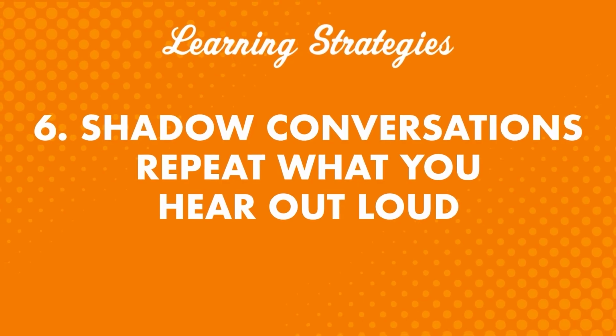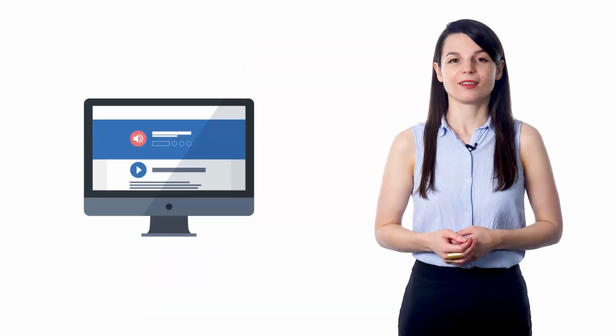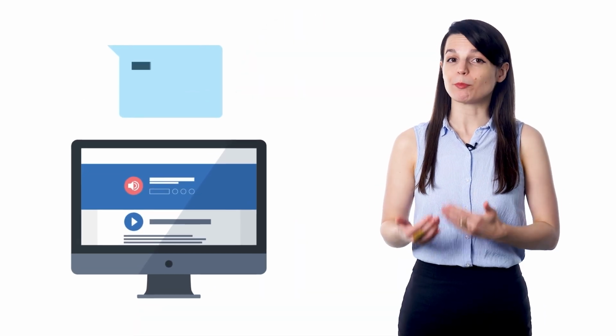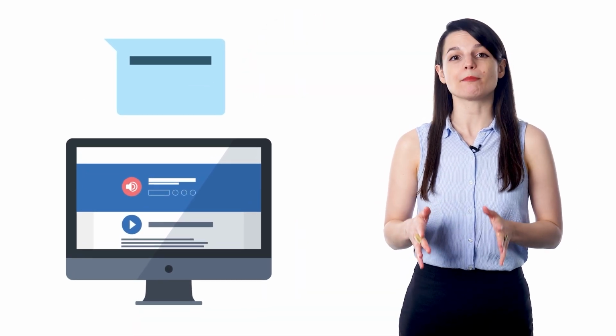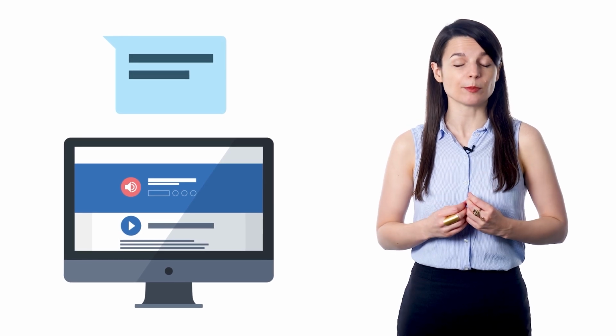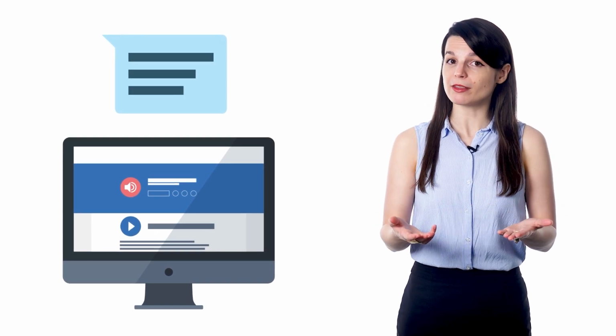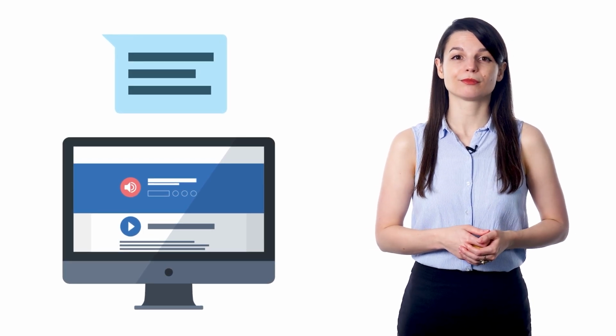Repeat what you hear out loud. This tactic is important, but it can be tricky when you're doing a brand new lesson. If you're reviewing dialogues from lessons you've done though, it's super easy to do. Just listen to the dialogue and repeat what you hear. Shadowing means mimicking the speaker as soon as they speak, following their intonation and rhythms as closely as possible.